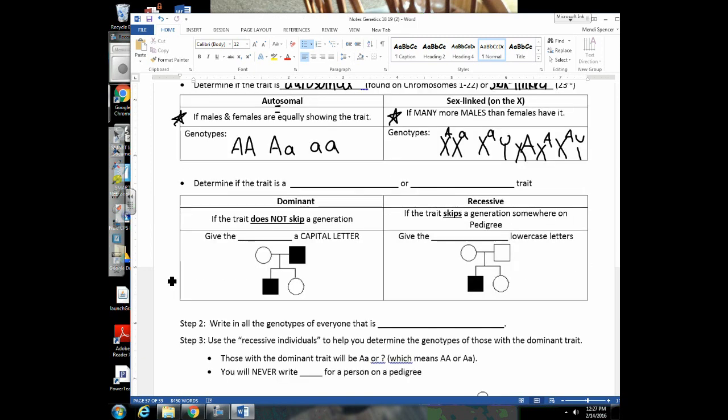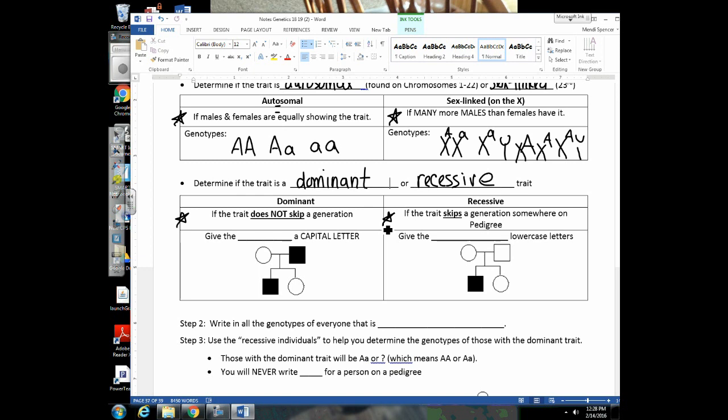Now the second conclusion you're going to make is whether the trait is a dominant trait, which means that it's being coded for by a dominant allele, or whether it's because the individual has two recessive alleles, so is it a recessive trait? And again, here's your criteria. When you study the pedigree, if you do not see a skipped generation, then the trait is being coded for by a dominant allele.